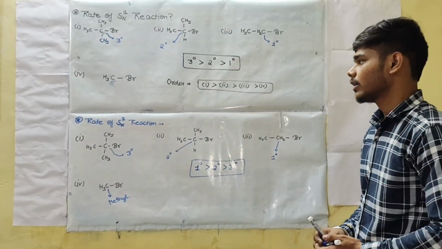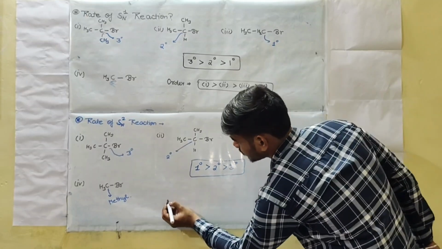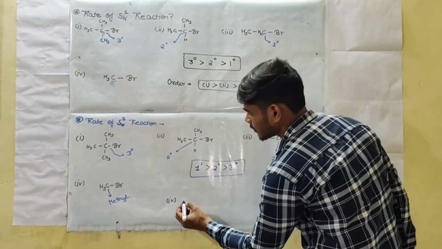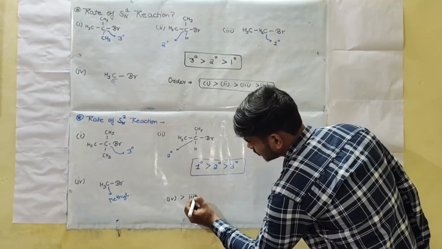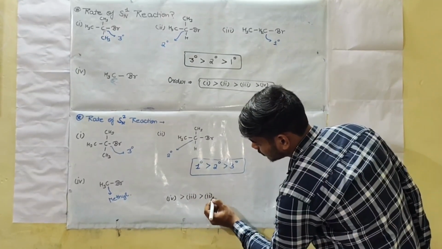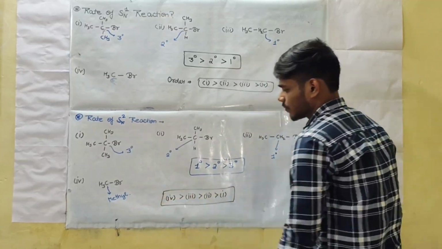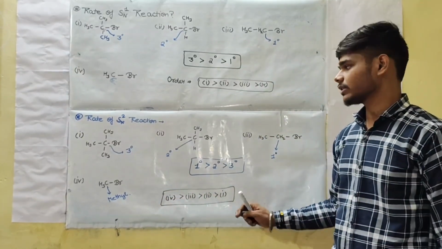So the order of SN2 reaction is that the fourth gives the fastest SN2 reaction, then the third, then the second, and then the first. The first one gives the slowest SN2 reaction.